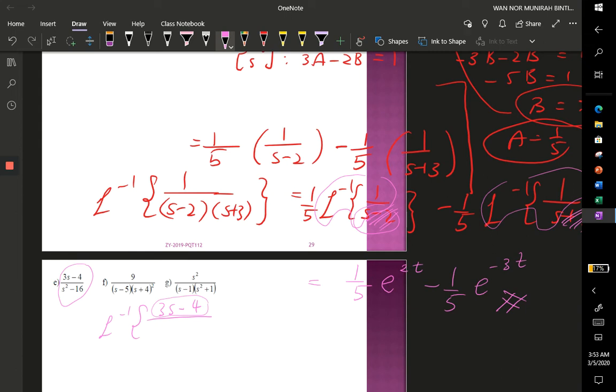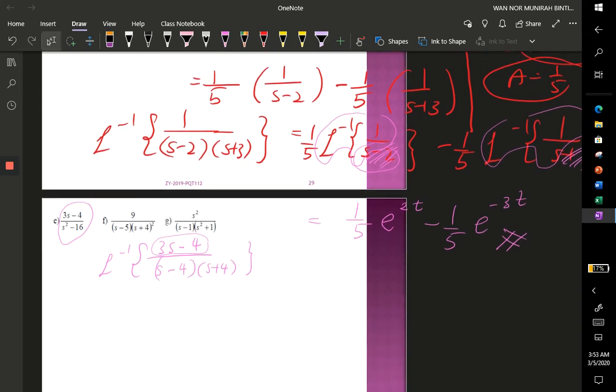Okay. S squared minus 16, I can see that I have s minus 4, s plus 4, or just s squared minus 16. So this one is 3s minus 4 over (s minus 4)(s plus 4).